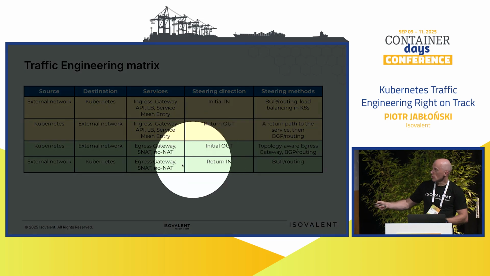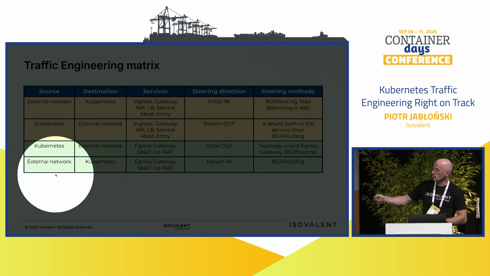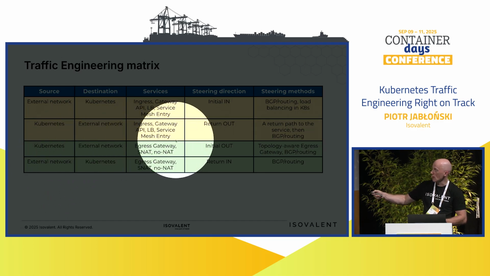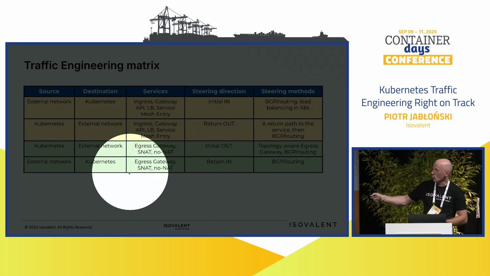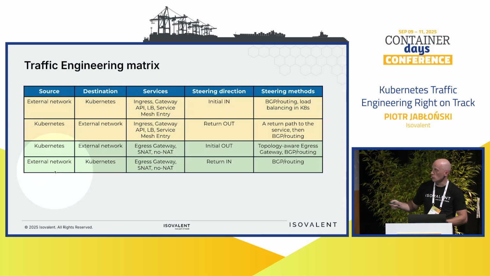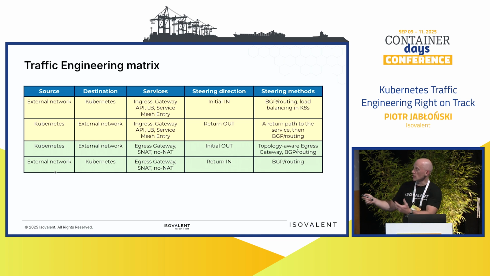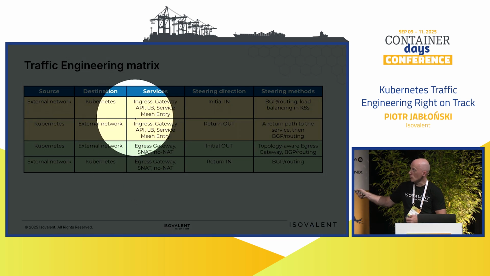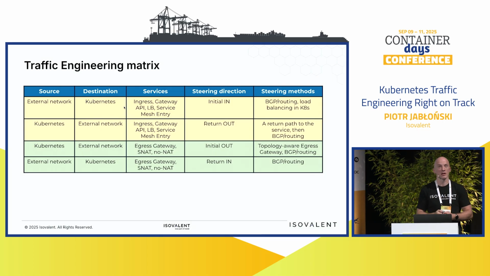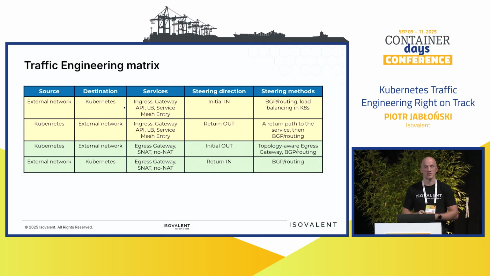The bottom flow, which is the green one, is initiated from Kubernetes to the external network, and here we have a return path going from the external network to Kubernetes. The services used for that purpose are different than for the flow initiated externally to Kubernetes.